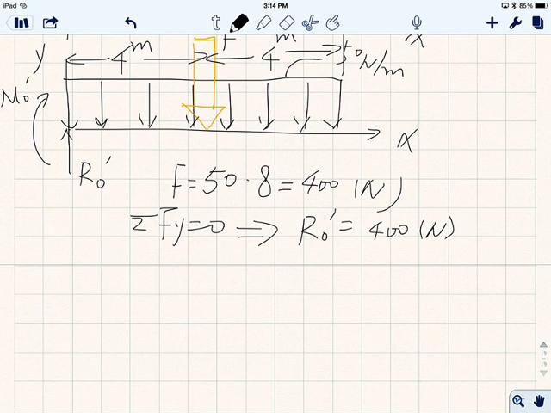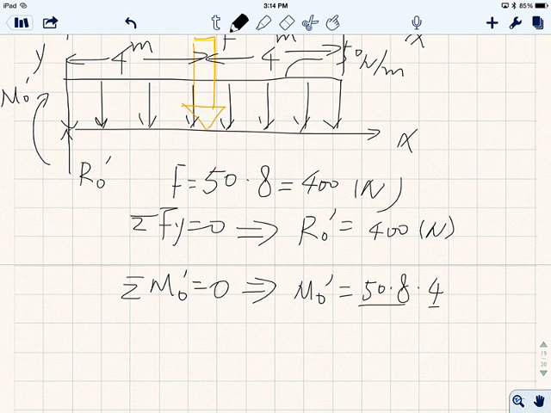Okay, and also we have summation Mo prime is 0. Therefore, this Mo prime is just equal to this force over here times the moment arm, which is half only, 4. Okay, so 50 times 8 times 4. This is the force, this is the moment arm. Therefore, that's 1600 Newton meters.